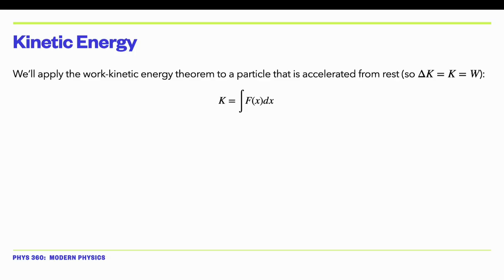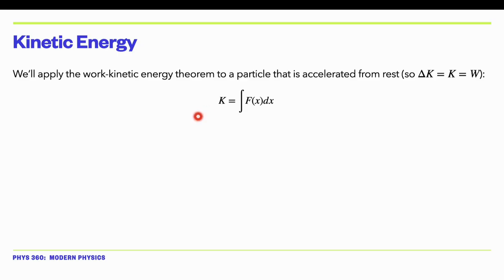So we're going to use the work kinetic energy theorem to find an expression for the kinetic energy. We're going to assume that we've got a particle that's starting at rest, so the initial kinetic energy will be 0. We'll apply a force, integrate it over its motion, and find the final kinetic energy.